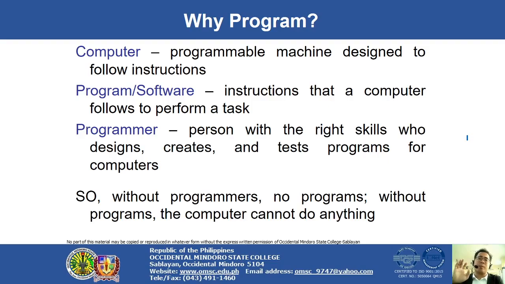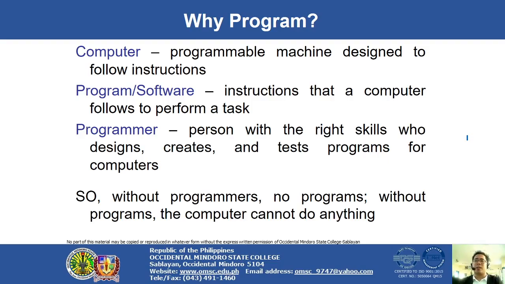Okay, so the program is being used by a programmer, by people, by a user. It's been installed into different platforms. It could be in a computer system or a desktop computer, a laptop computer, or it could be in a mobile app, or in a cell phone, smartphones, and so on and so forth.